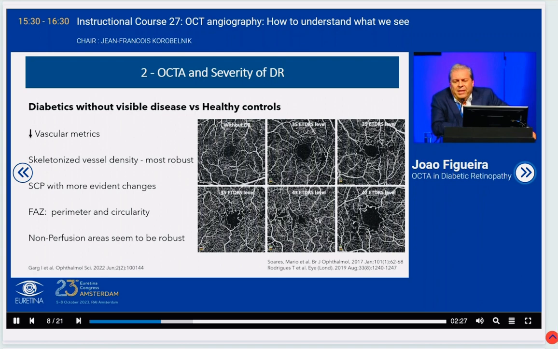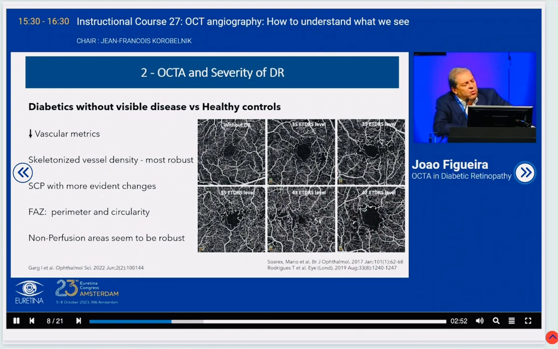What makes these metrics useful in diabetic retinopathy? Because they change with the progression of the disease. These metrics can differentiate diabetic eyes, including diabetes without retinopathy, from healthy control eyes, and differentiate eyes with the disease at different levels.